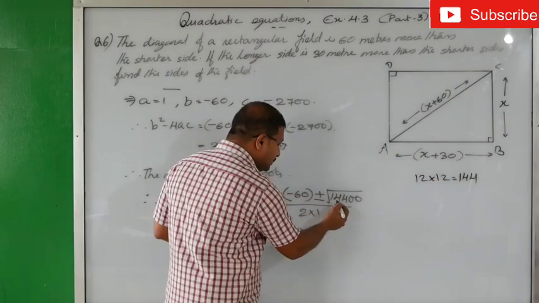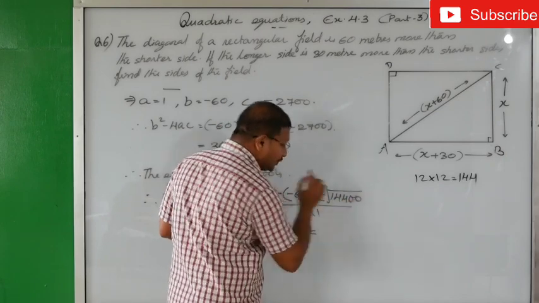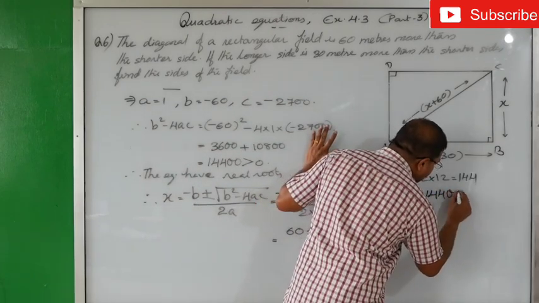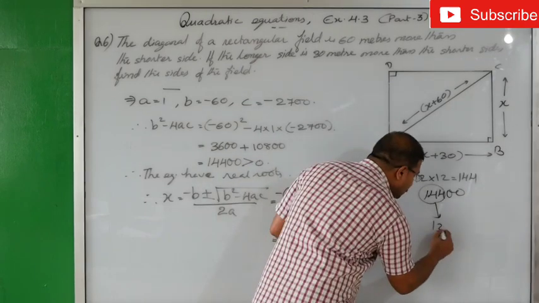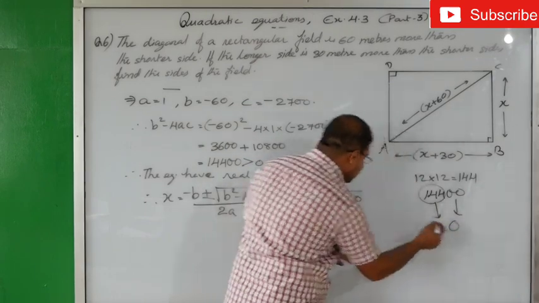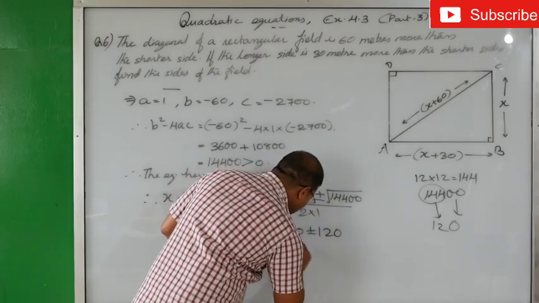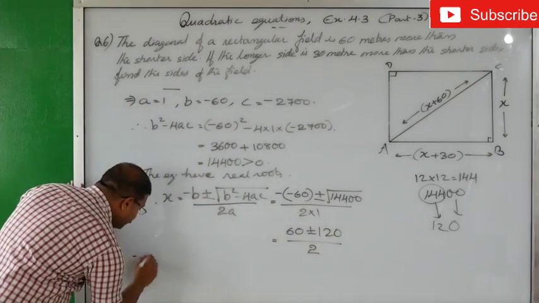That means in place of 14400, because we know that 144 we will get 12, out of 2 zeros we will take 1. That means what will be the answer? 120. So 120 divided by 2. Therefore, now what will you do?